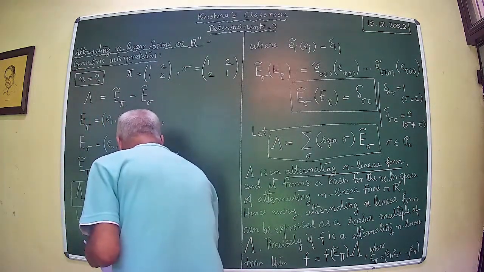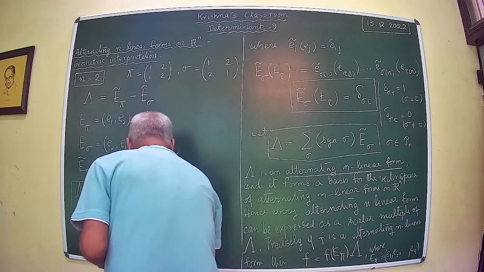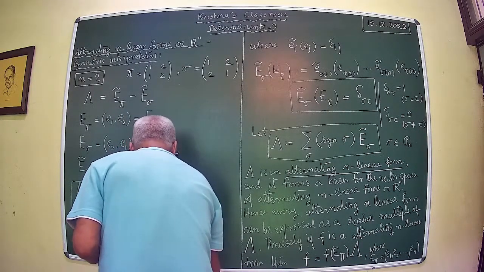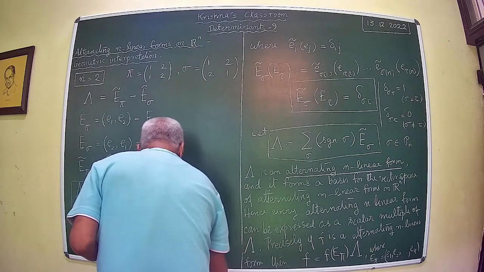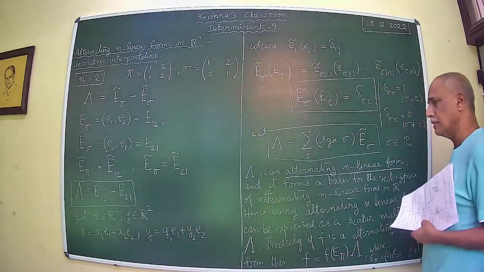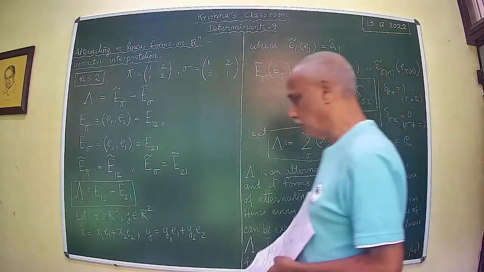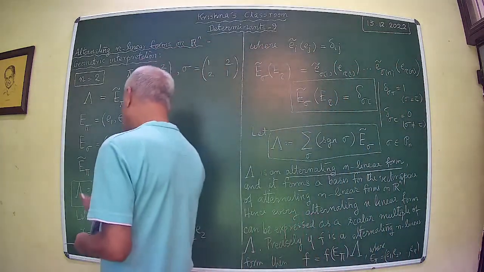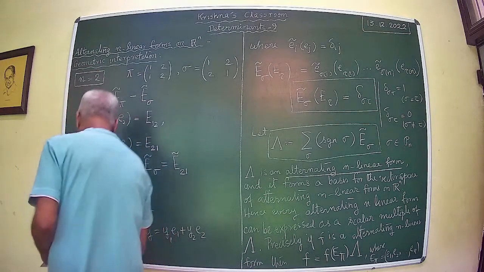Y can be uniquely written as y1 e1 plus y2 e2, where x1, x2, y1, y2 are real numbers in this case. Okay. Now let us compute.